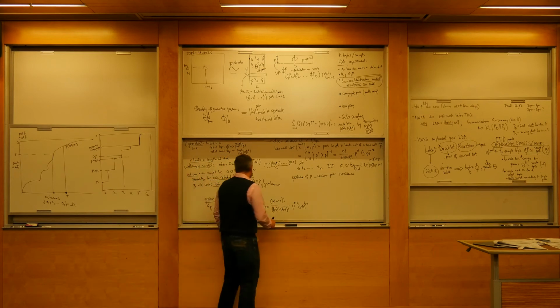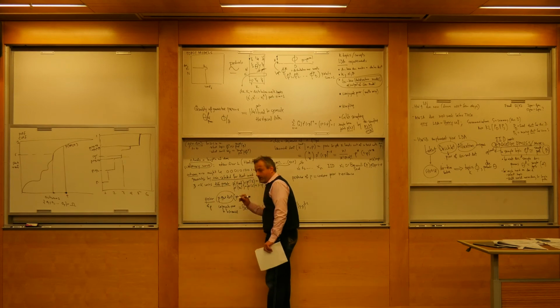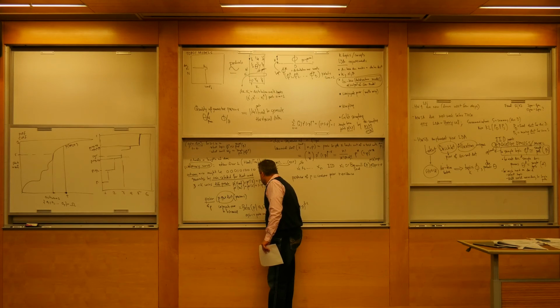So this A and B, the way I want you to think of them is A minus 1 and B minus 1 are prior counts of 1, 0 in all data.